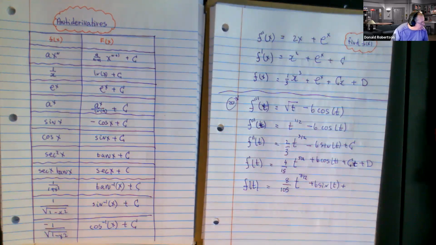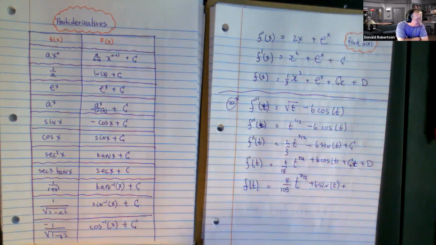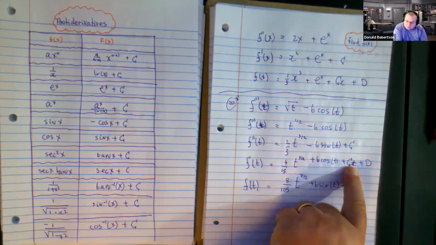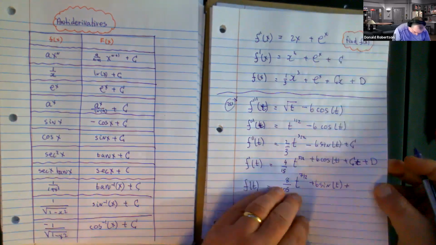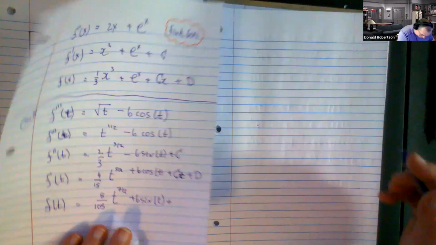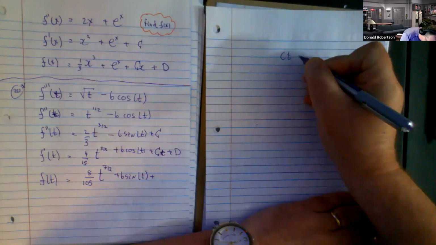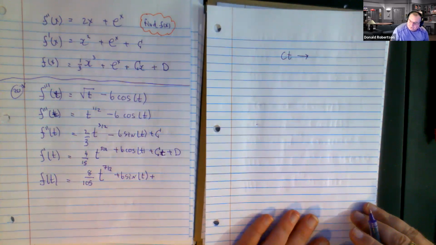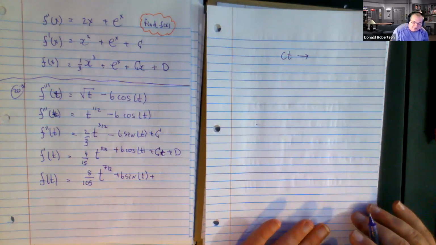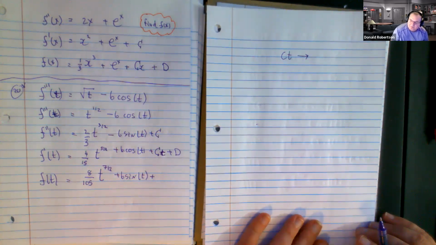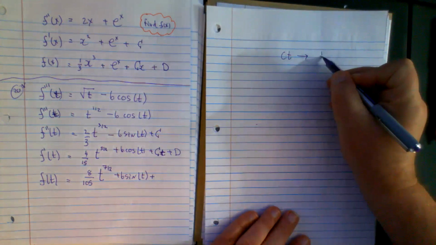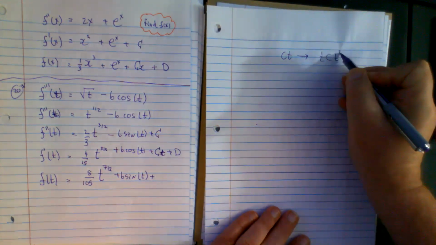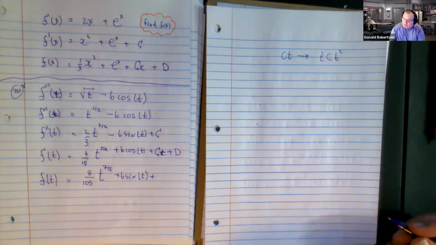Oh, now this one's going to be a bit sneaky. What happens to CT when you find its antiderivative? What's the antiderivative of CT? 1/2 CT squared. Would you all agree? Add 1 to the power, divide by the new power.